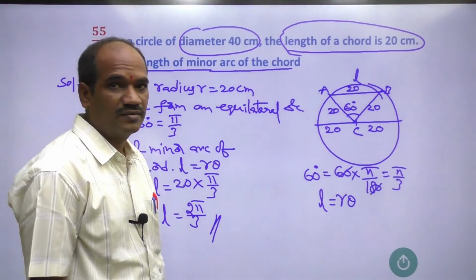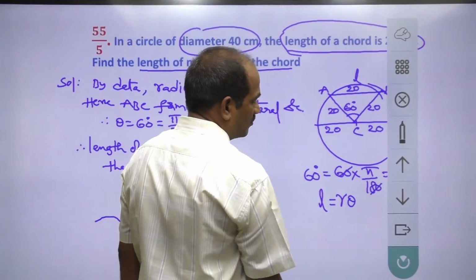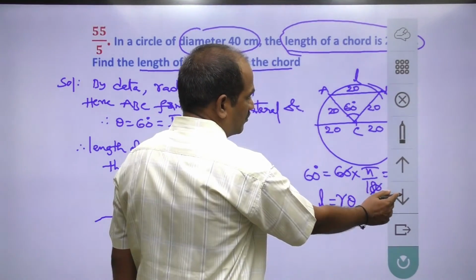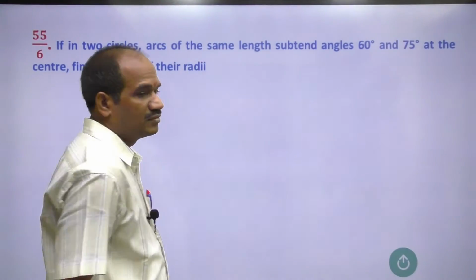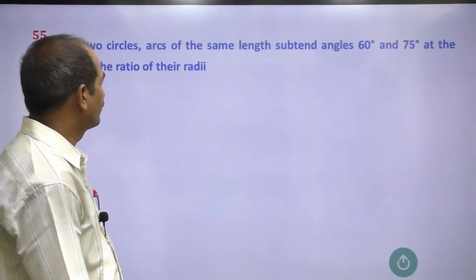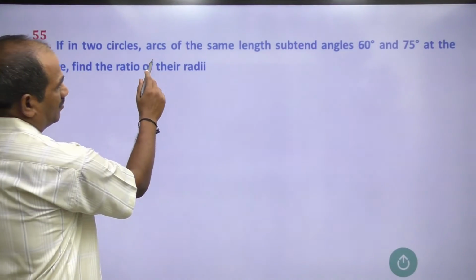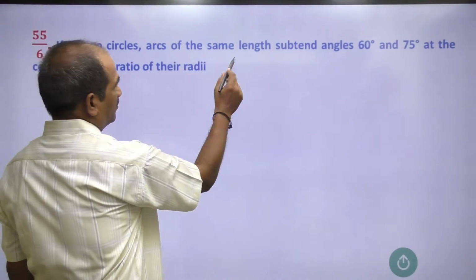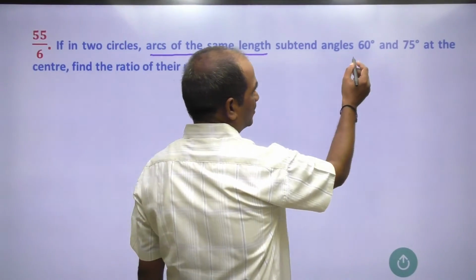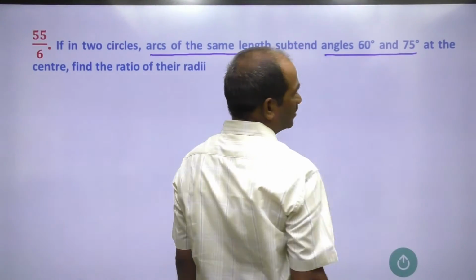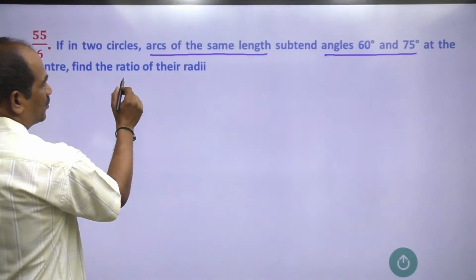Okay, next question. If in two circles, arcs of the same length subtend angles of 60 degrees and 75 degrees at the center, find the ratio of their radii.